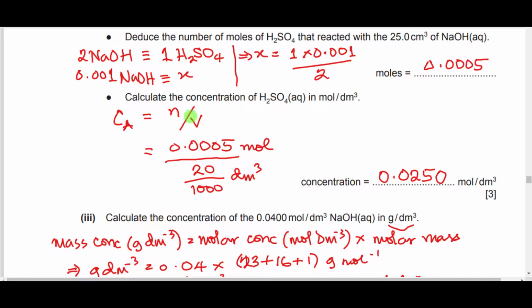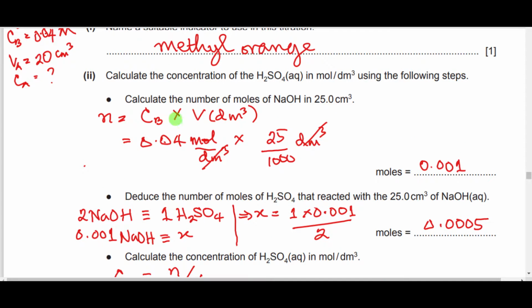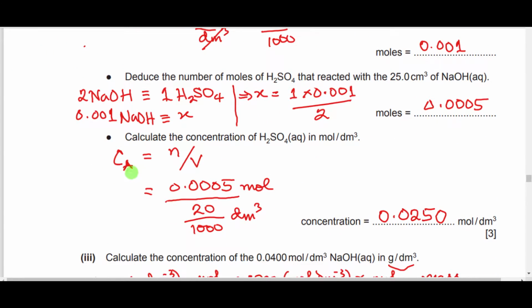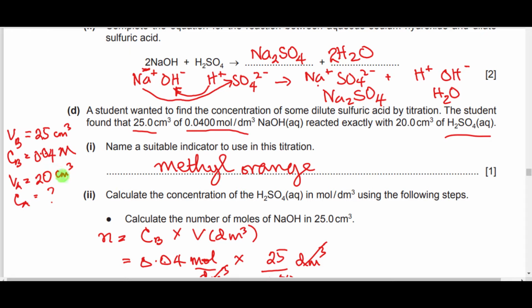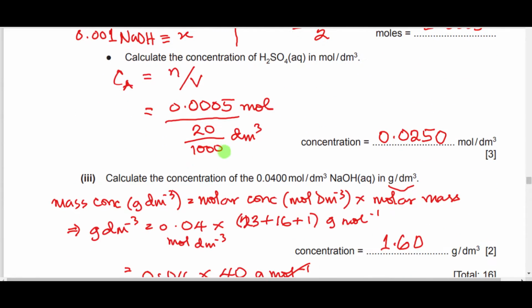Then after that, we use this number of moles to calculate the concentration of the acid in moles per dm cube using this same formula, but now making the concentration the subject of the formula. Since we are calculating the concentration of the acid, we make it Ca. So Ca equals N over V, where N is the number of moles that have been calculated here, while V is the volume of the acid, which is 20 cm cube converted to dm cube, which is why we are dividing by 1000.